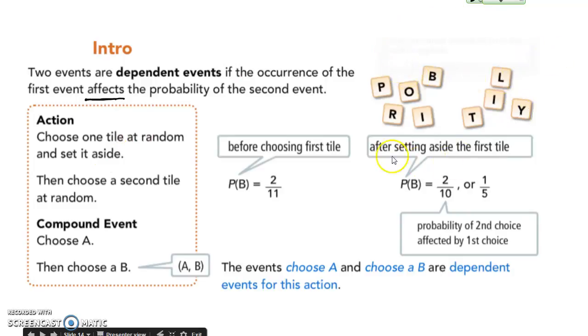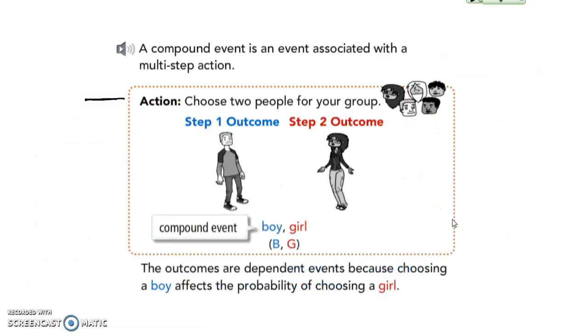There's only 10 tiles left in there, of which how many of the letters will I have to choose from that are a B? I would have 2 out of 10 because one of the tiles is gone. So 2 out of 11, but then 2 out of 10. This is different because we have set the first tile that I drew aside. There's a different total. It's one less. This is called a dependent event.